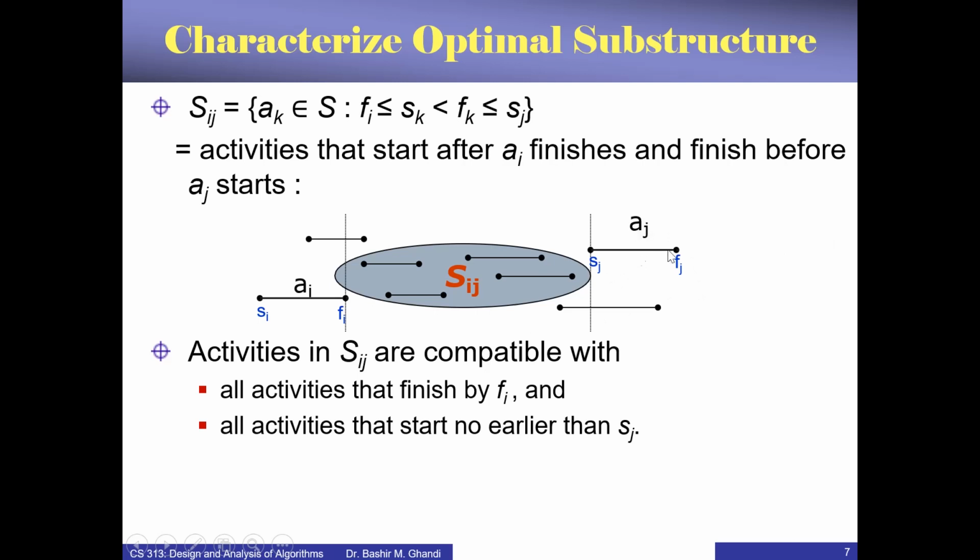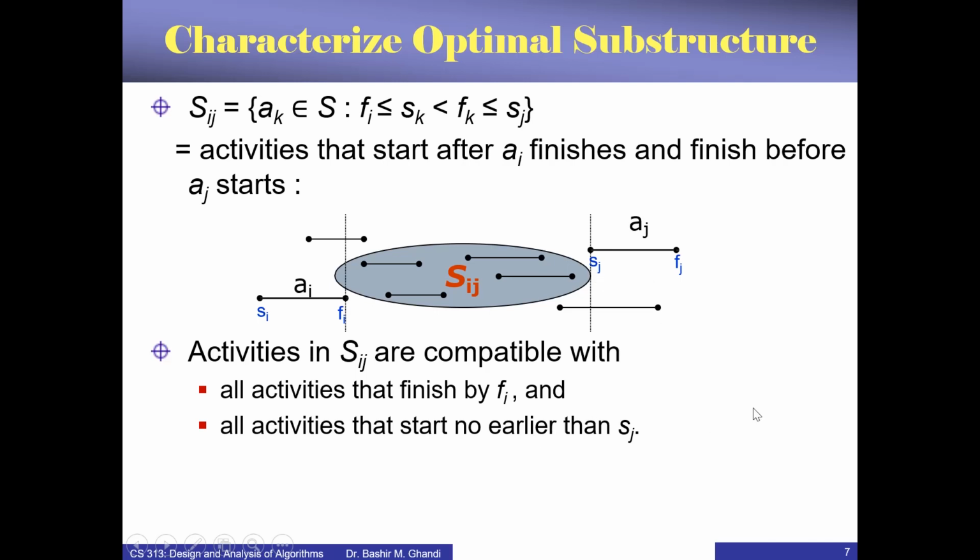Aj is just an example. There could be many other activities to the right. So all the activities here are compatible with those before this Fi, and those that start after, or that start at Sj, and so on.